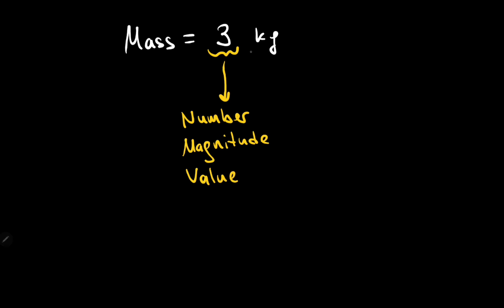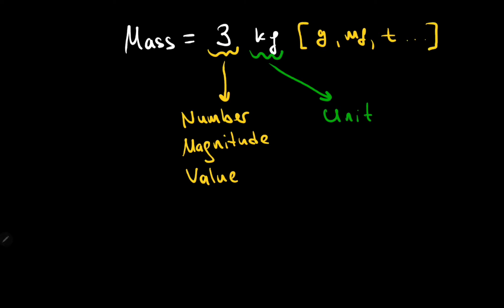What about this kilogram? Kilogram is the unit of the mass. Of course, this kilogram is just one unit. It can be gram, yes. It can be milligram. It can be tons, etc. There are so many units.